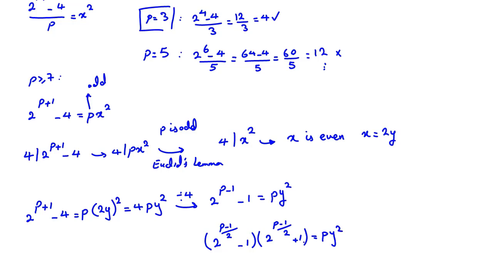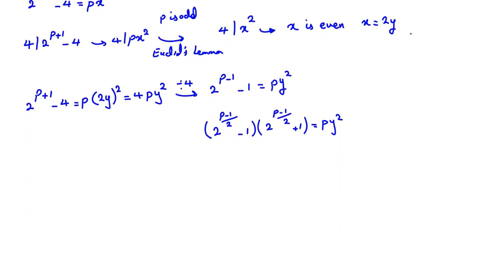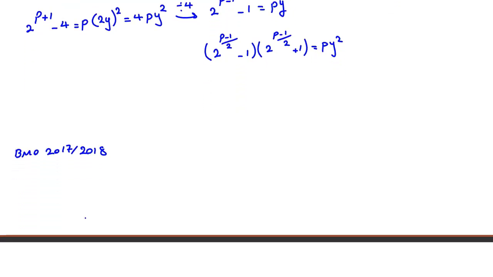When we have a product of two things, this problem is also the idea we want to solve. This problem is useful in BMO, British Mathematical Olympiad round 2. I think around 4 years ago we had the same idea. Let me find the problem. The problem is from BMO 2017-2018. The idea is exactly the same. This idea is so famous.